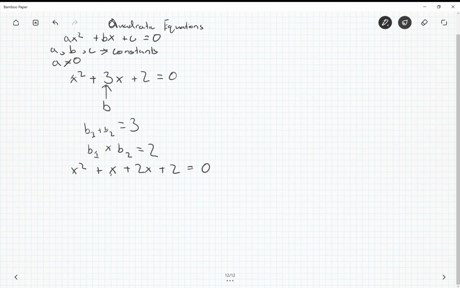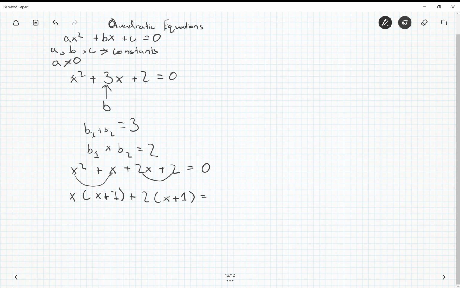And now we can factorize. These first two terms can be divided by x, so we can do x times x plus 1, and then these last two can be divided by 2, so we do 2 times x plus 1. So we have x times x plus 1 plus 2 times x plus 1.